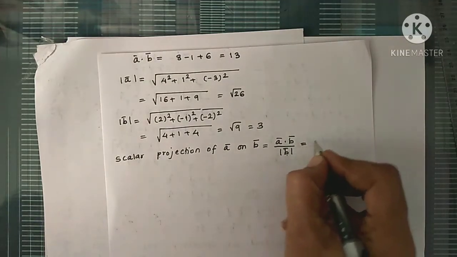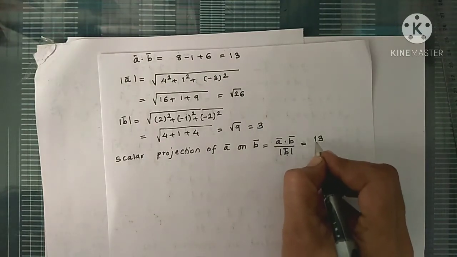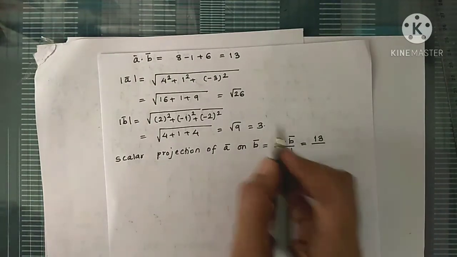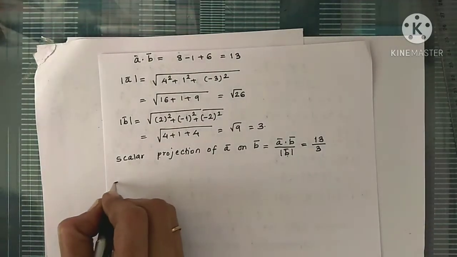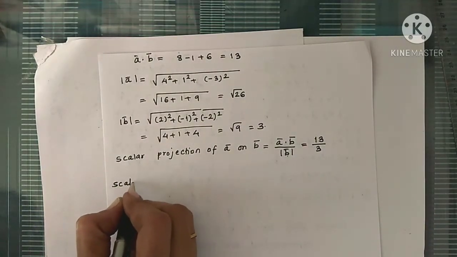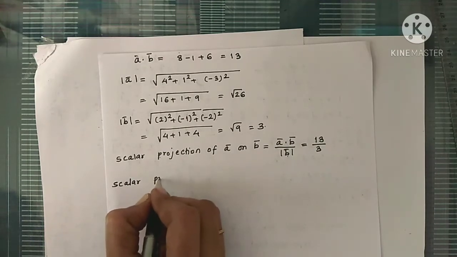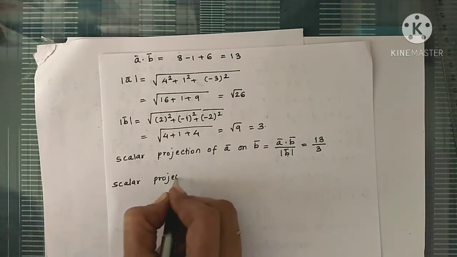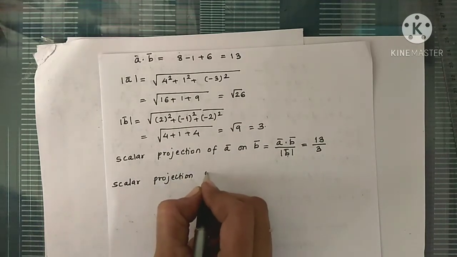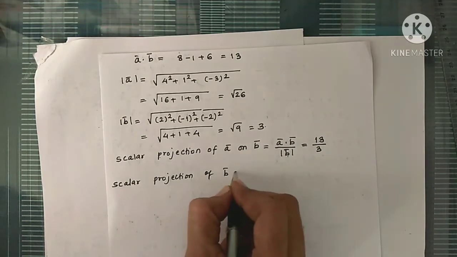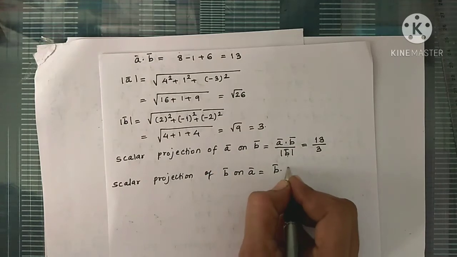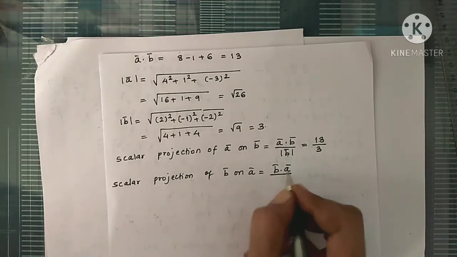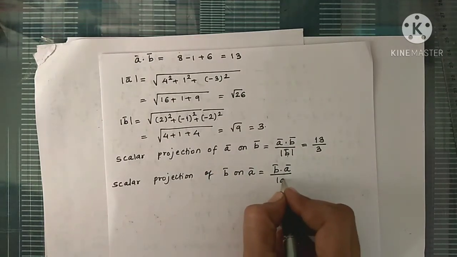So a bar dot b bar is 13 divided by modulus of b bar, that is 3. And scalar projection of b bar on a bar equal to the dot product of these two vectors divided by modulus of a bar.